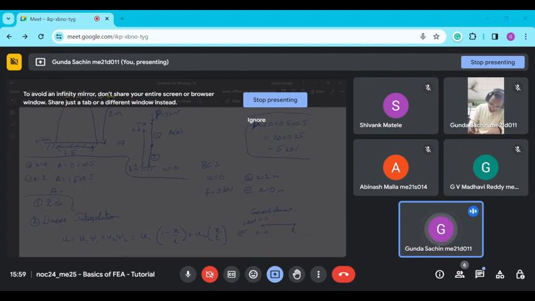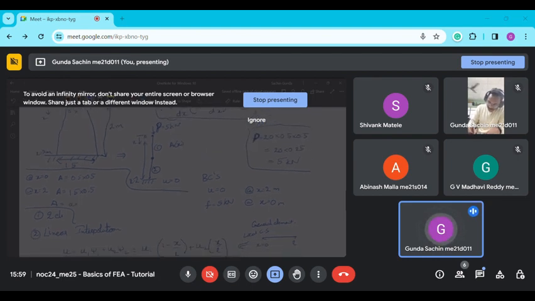So you can just take A as A plus bx, since the area is varying linearly.